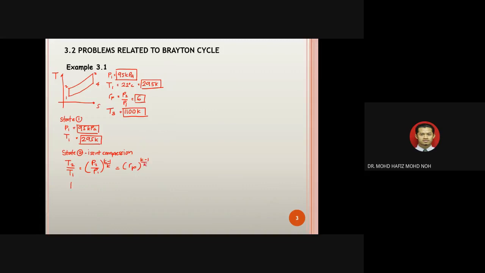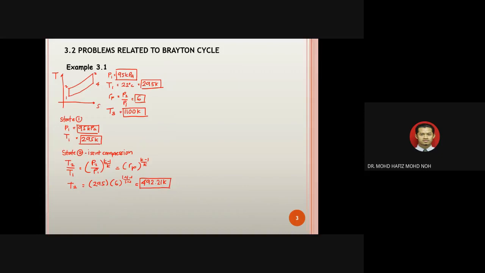So you can calculate T2. T1 is given as 295, and RP is given as 6, to the power of (1.4 minus 1) divided by 1.4. From here, you will get T2 as 492.21 Kelvin. So that is the value of T2.